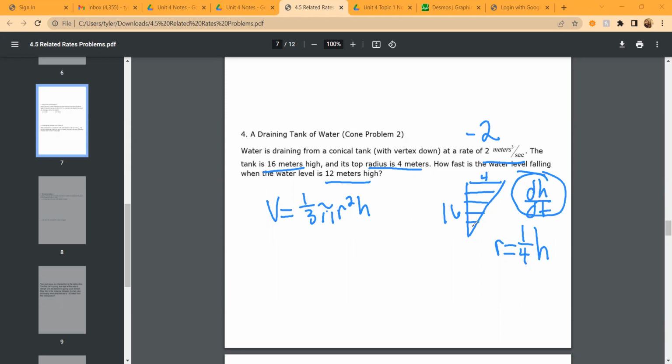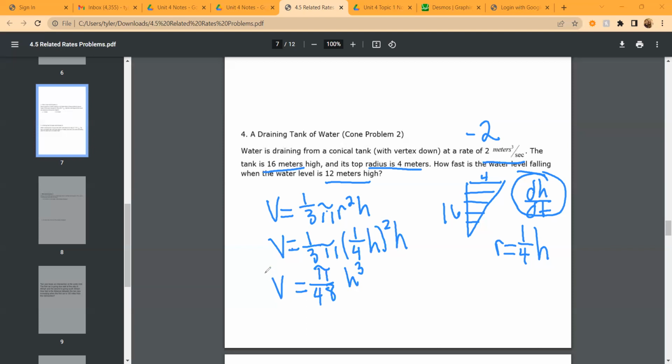So what we're going to do here is replace our r with our h. This becomes 1/3 pi times 1/4 h squared times h. And 1/4 squared is 1/16, so that becomes 1/48 pi h cubed.